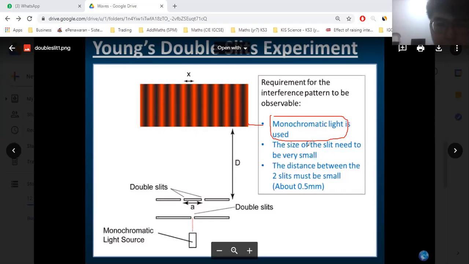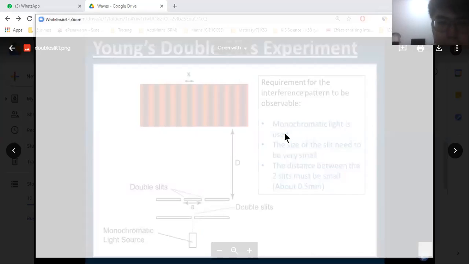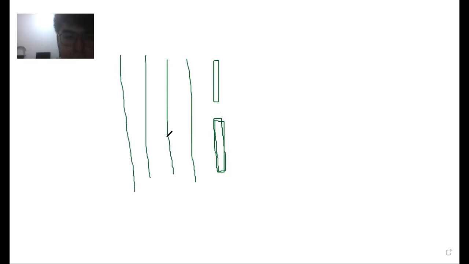The second one is that the size of the slit needs to be very small. The single slit is actually very small, about 0.5 millimeter. Why does it need to be so small? Remember what we discussed in diffraction, diffraction of an opening? This is the incoming waves, right?